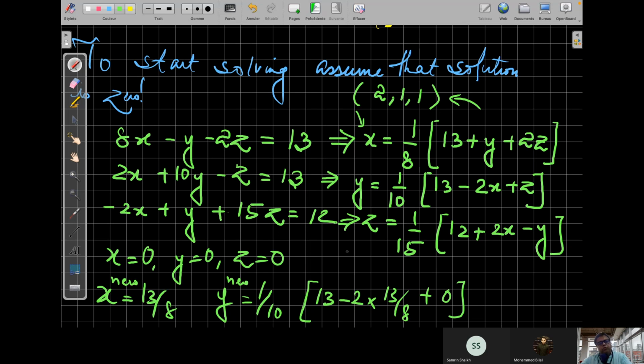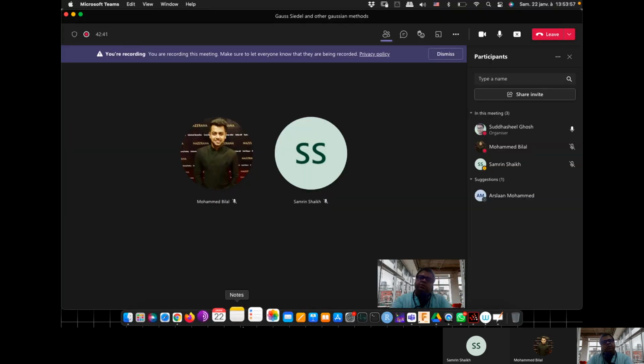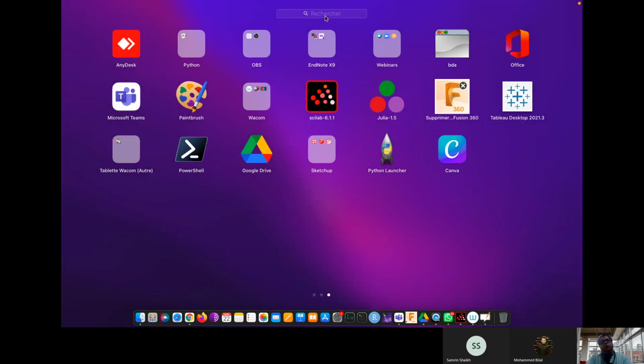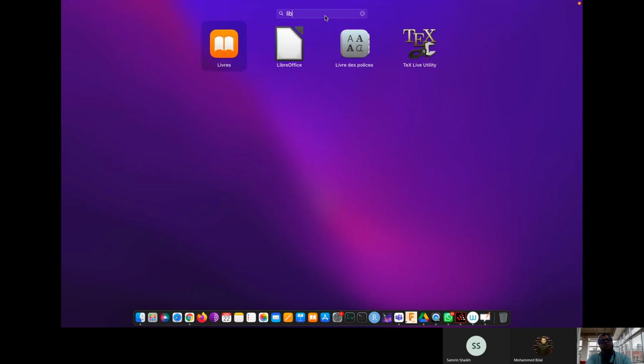We are going to move to a system where the spreadsheet will be loaded. So let me load the spreadsheet. LibreOffice.